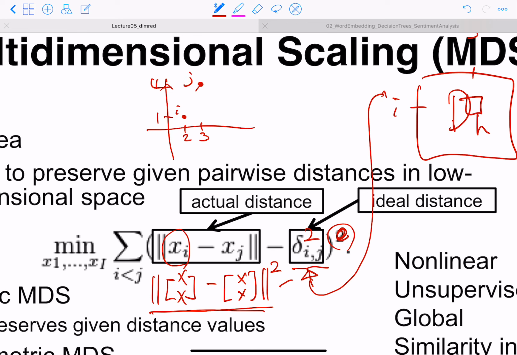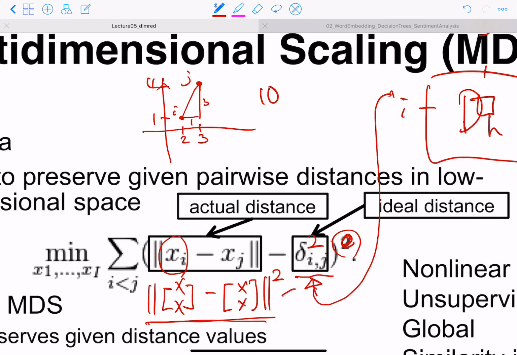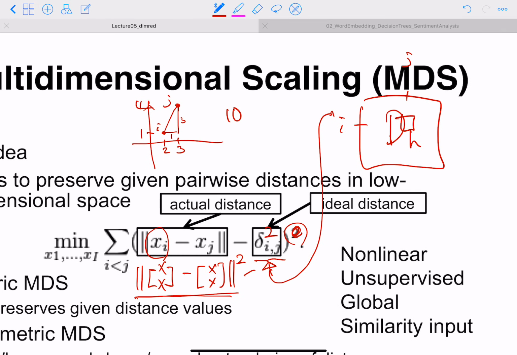In this case we can easily compute their Euclidean distance: 1 and 3, so the square root of 10, or the squared distance is 10, right? So the current squared distance in the 2D embedding is 10, but let's say their ground truth or ideal distance is 7. In this case, the distance should be smaller to fit this ground truth value.